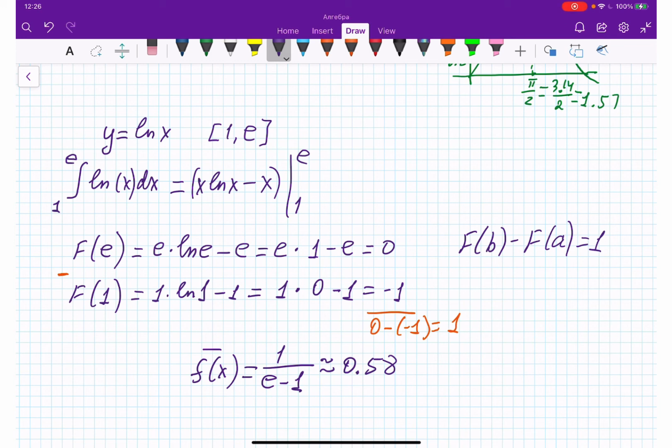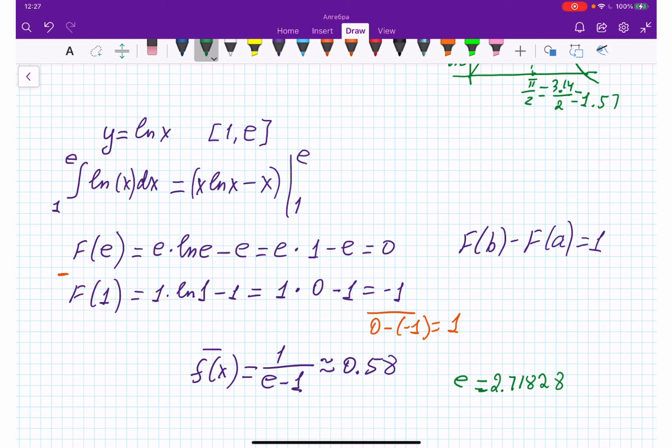So why 0.58? Because e is equal to 2.71828. If you divide, you will get the result. And e is sometimes called a natural number or Euler number. It's an important mathematical constant.